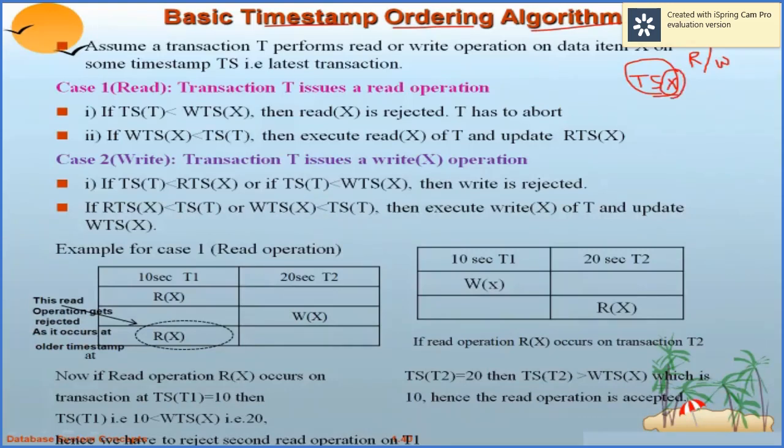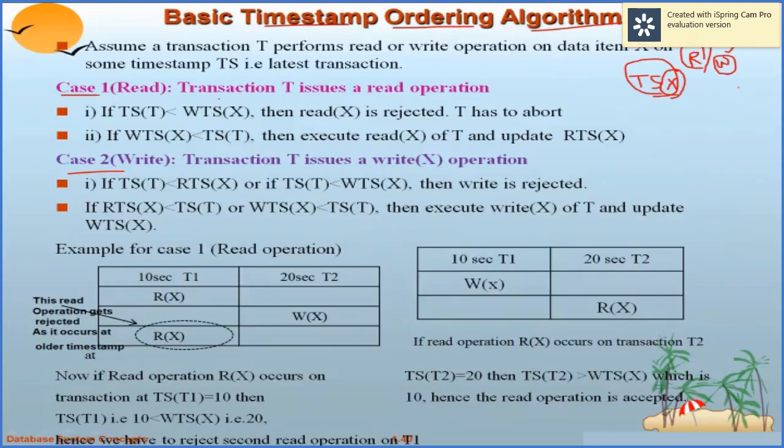This read or write will change according to the cases. What happens if I'm considering read, and what happens if I'm considering write, is what you're going to study here. So what is my case 1? What happens if the timestamp value is higher or lower, and how does it proceed? This is quite an interesting topic, so try to understand the concept in a detailed manner.